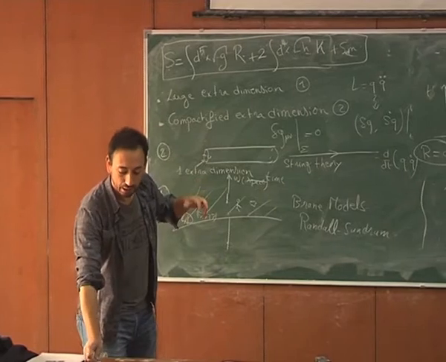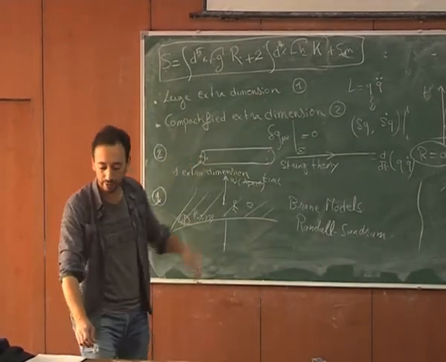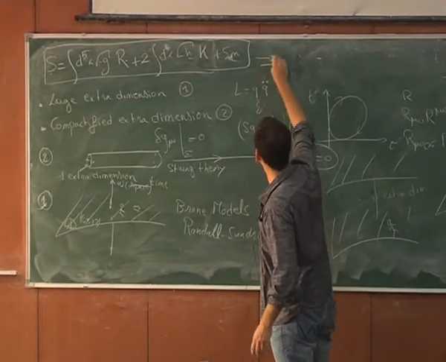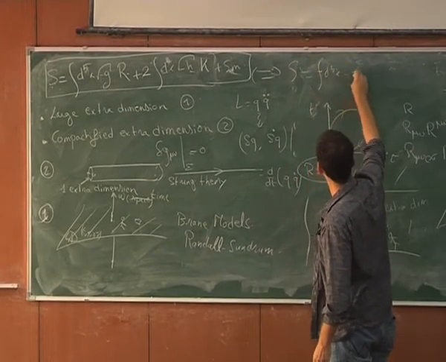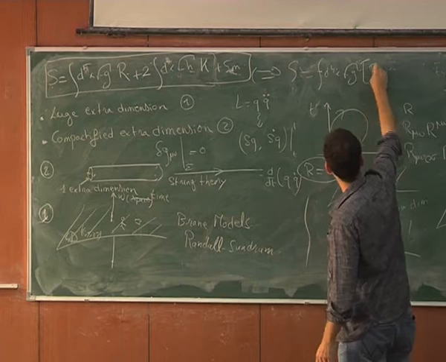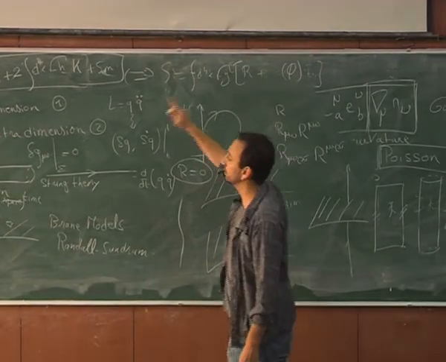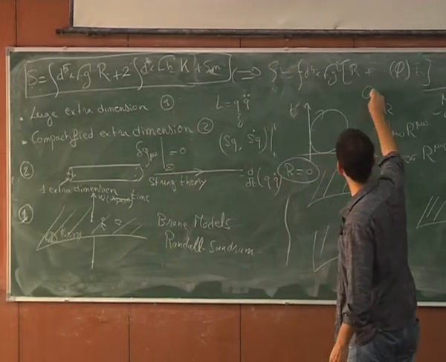It's like what we did yesterday: we found some equivalence. So this will be equivalent to an action in 4 dimensions where I have GR plus some scalar field. In some sense they are equivalent. And that scalar field, I'm going to call it Galileon.